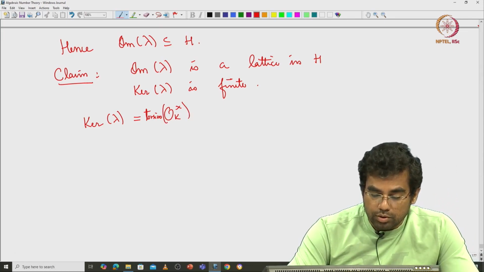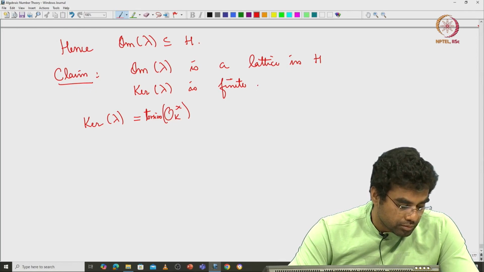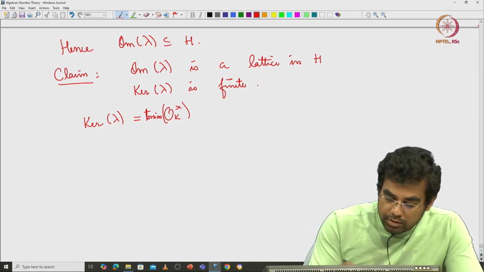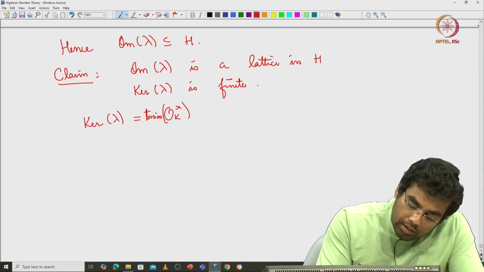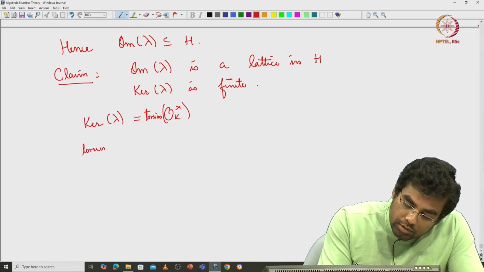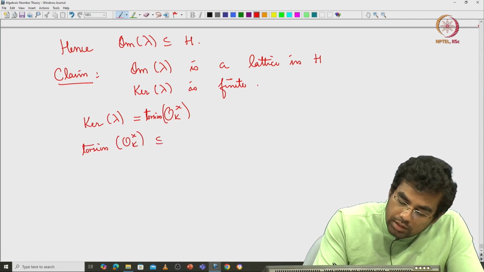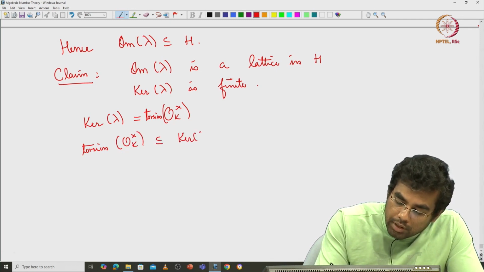All right. So, why is this? It is clear that the torsion of OK cross is contained in the kernel of lambda.